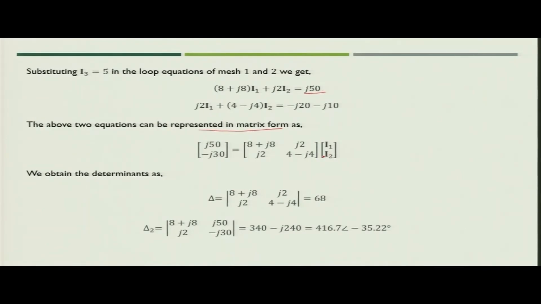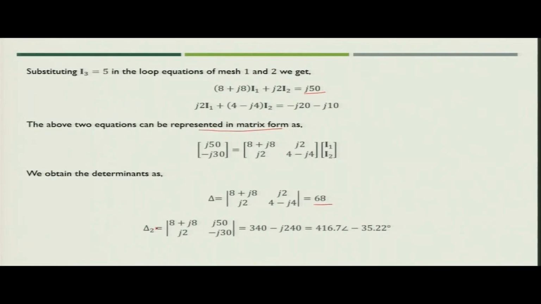Now, as we did in the previous example, in this case also we will first determine the value of the determinant of this matrix. If we determine it, it comes out to be 68.